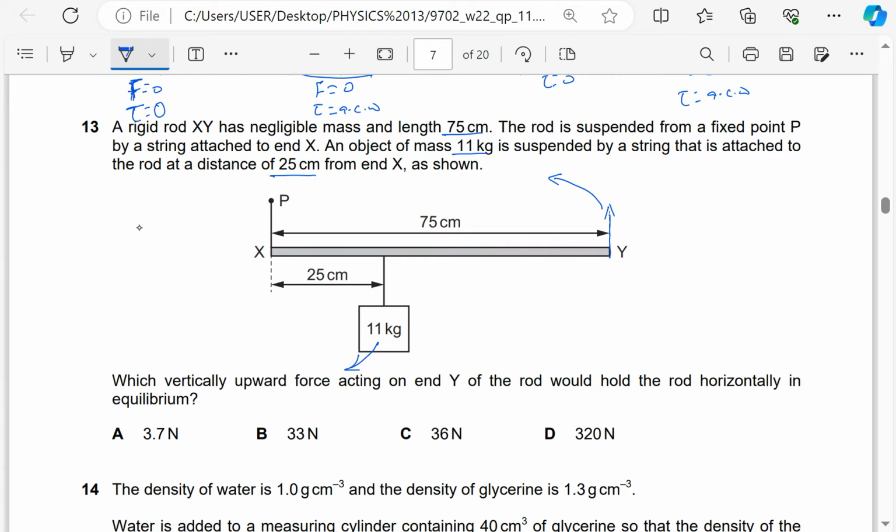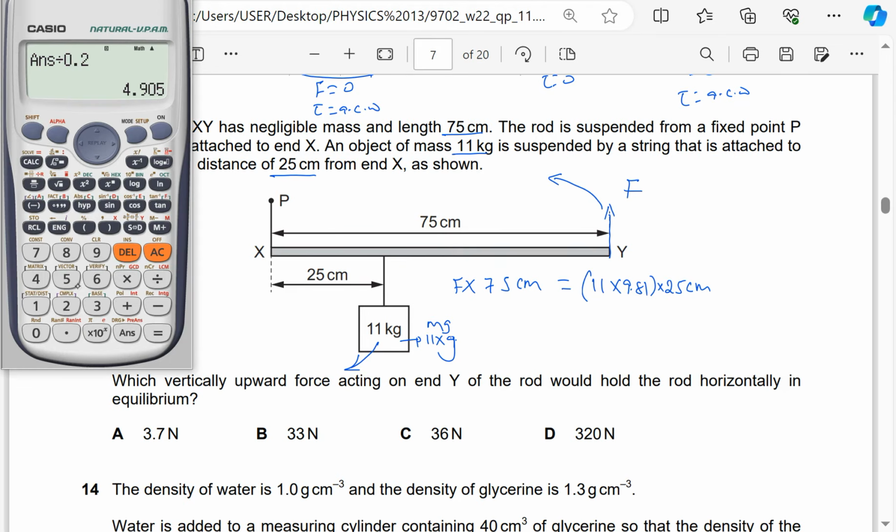Taking moments about P, the anticlockwise moment, let me call this force F. So F times its perpendicular distance, which is 75 centimeters from the pivot, should be equal to the force here, which is 11 times g, that is mg. So it's 11 times 9.81 times the perpendicular distance, which is 25 centimeters.